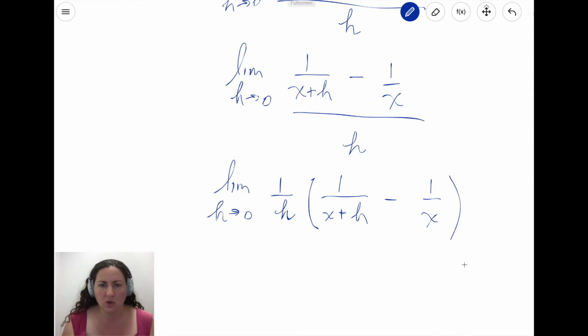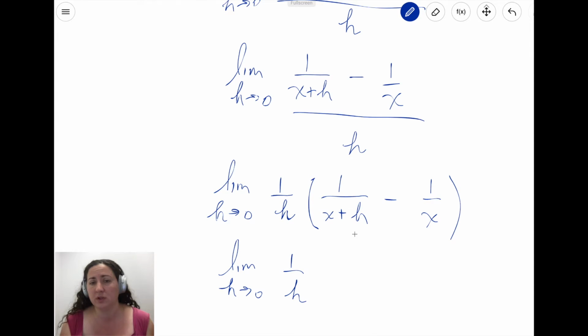Okay, now we're going to want to basically combine these two fractions inside the parentheses into a single fraction by finding a common denominator. So the common denominator in this case is going to be the product of these two denominators, because they don't have any common factors, so the common denominator will just be their product.